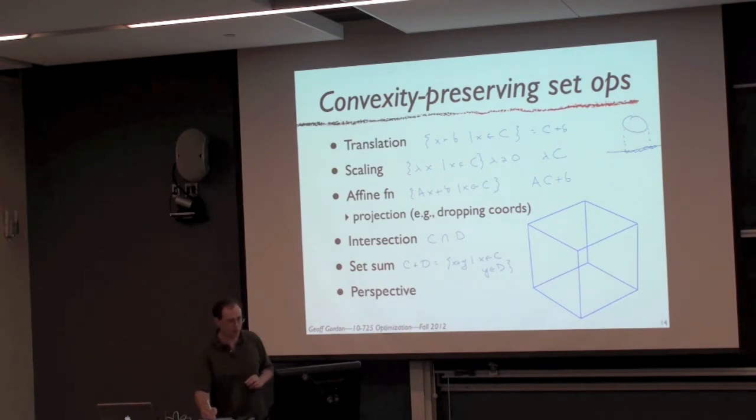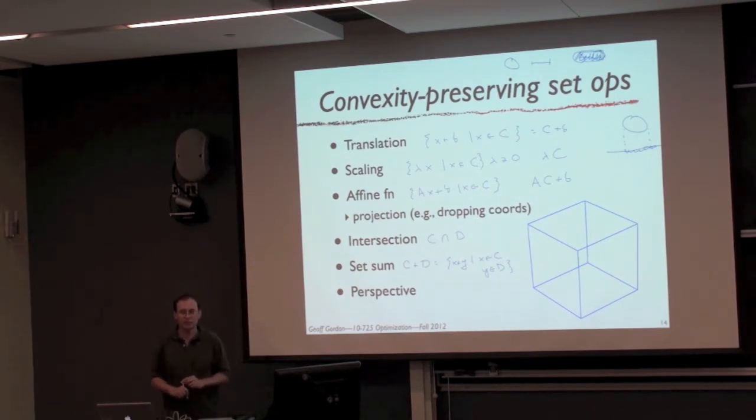So for example, if I take this circle and add it to an interval, I'll get this thing that looks like a circle moved through an interval, right? So it looks kind of like a capsule, a pill capsule or something, right? So that's an example of set sum.